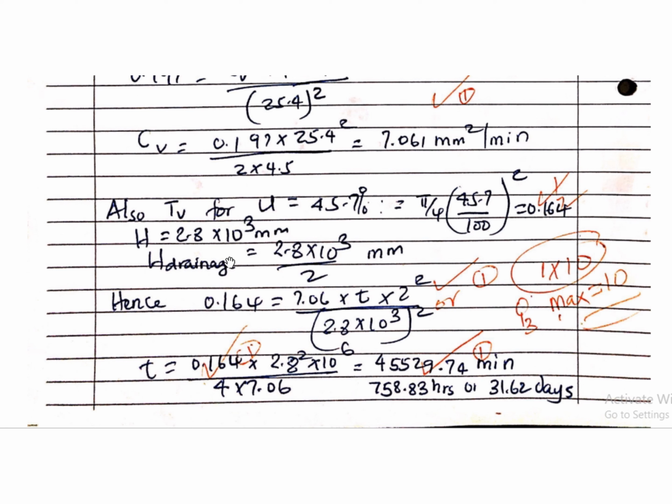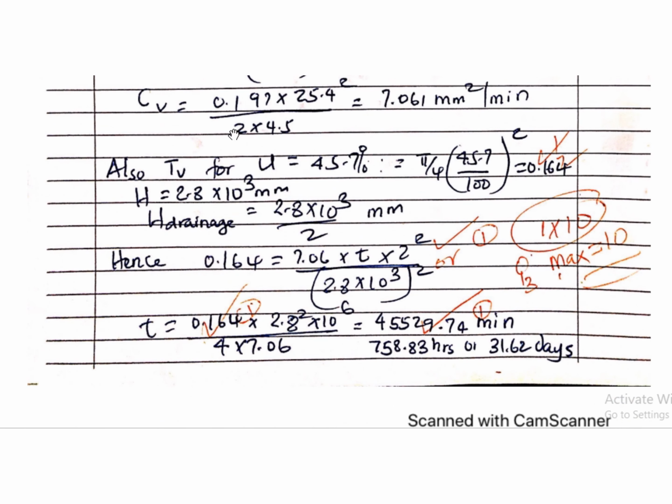The height of the layer is 2.8 meters, or 2,800 millimeters, so the drainage path is half. Again, you substitute in the formula. When the experiment is done, we are doing it to get Cv and use it to solve the actual case in the field.